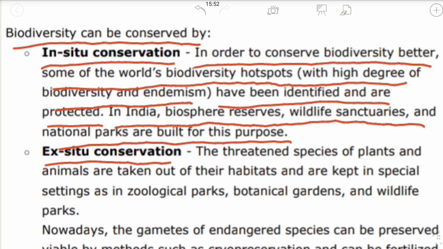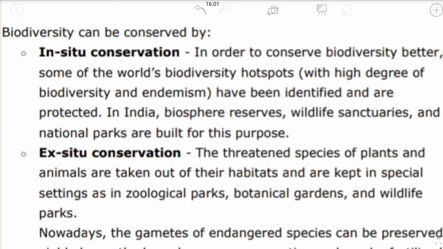In India, there are only three hotspots: Western Ghats and Sri Lanka, Indo-Burma and Himalaya. So in India, biosphere reserves, wildlife sanctuaries and national parks are built for this purpose only, so that we can protect the species and conserve the biodiversity.